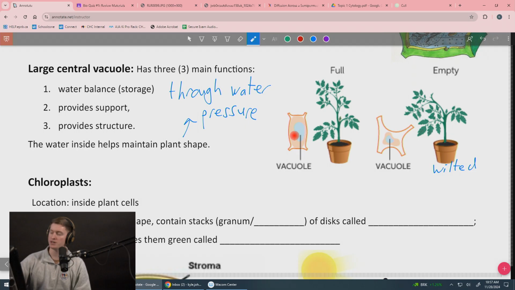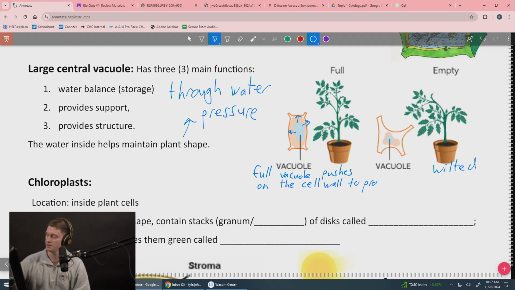The water pressure for a full vacuole pushes on the edges of the cell wall. So I'm going to say that the full vacuole pushes on the cell wall to provide structure or support.